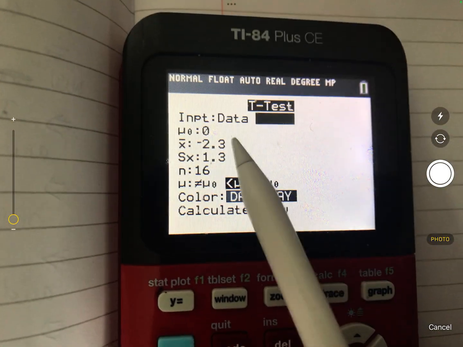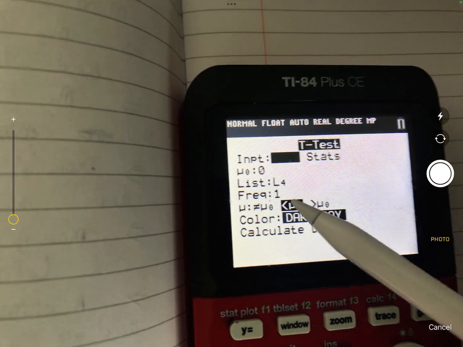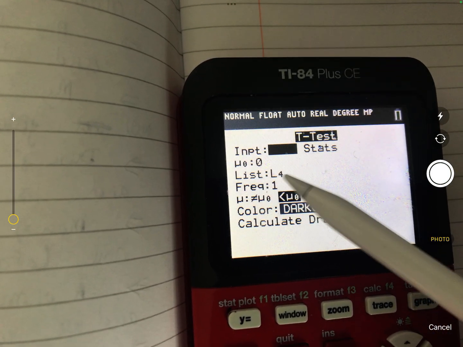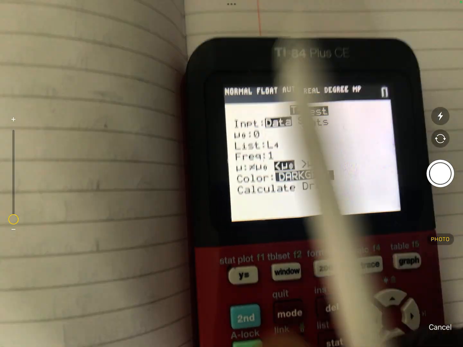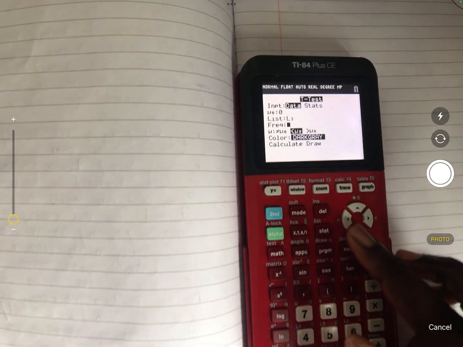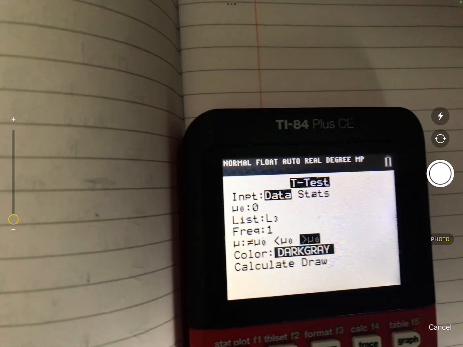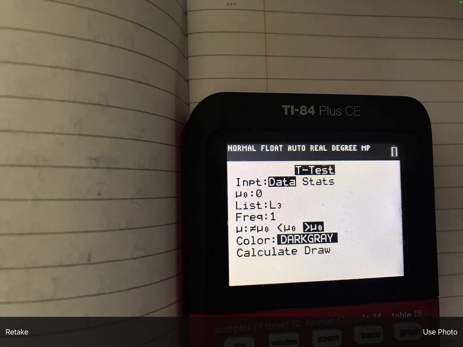So stat, test, t-test. We don't have stat, we have data. So go and select data. And now your mu0 remain as such. Now you have L3. Remember where your data is, yeah? Enter L3. L3 is second function L3. And it's a greater than. Boom. Here we go. So this is how you set it up.